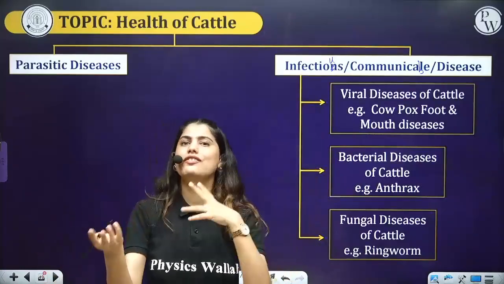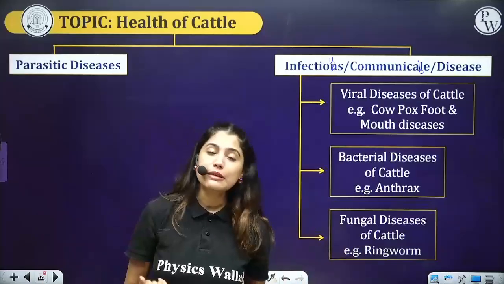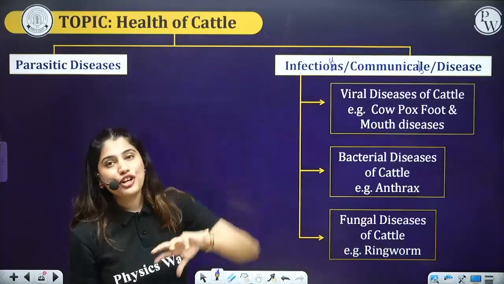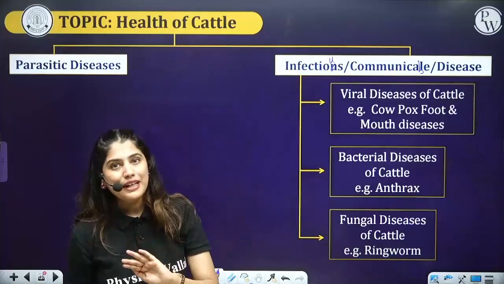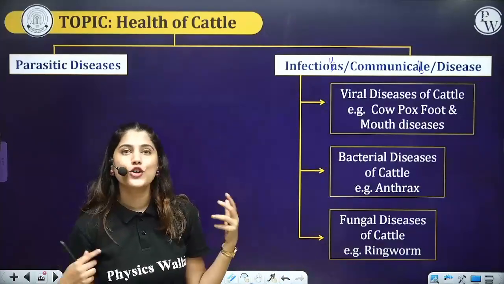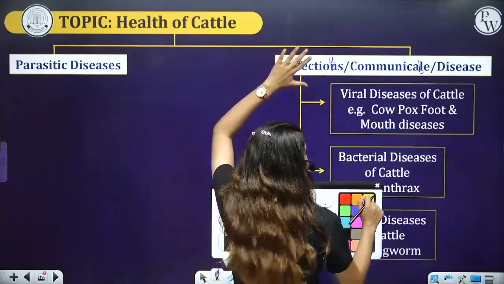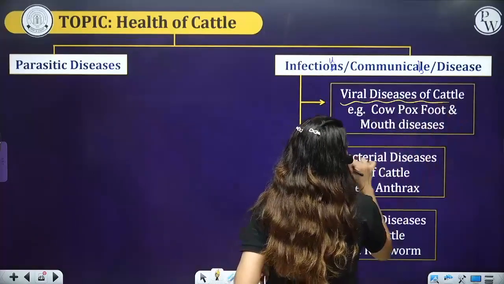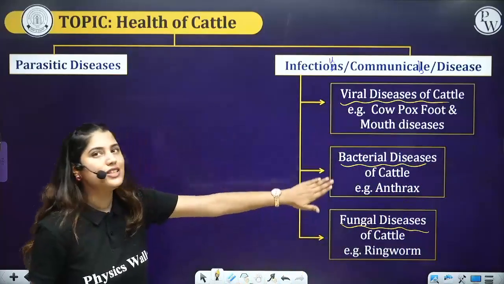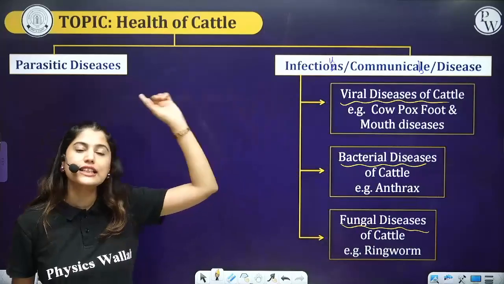Just like we have infectious diseases in humans like typhoid, TB. Similarly, cattle can also have communicable diseases which can be transmitted from an infected cattle to a healthy cattle, and they're infectious because they are caused by some infectious agent, either by a virus or by a bacteria or by a fungus.